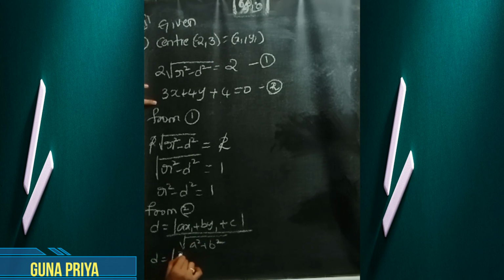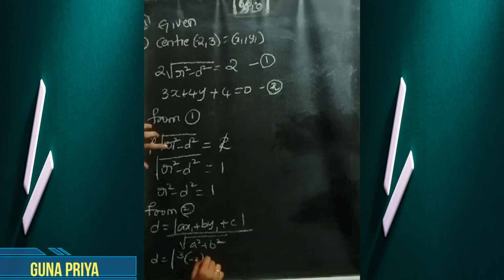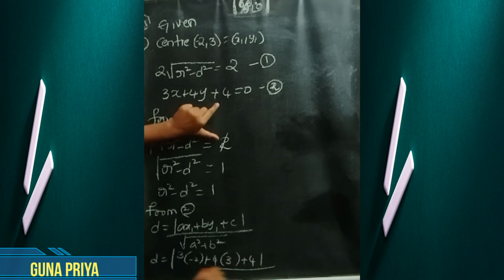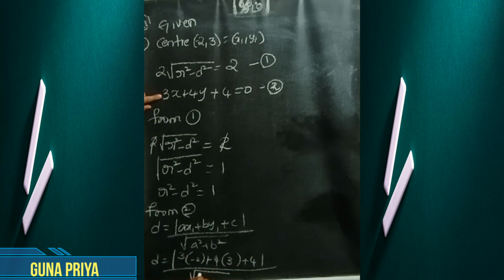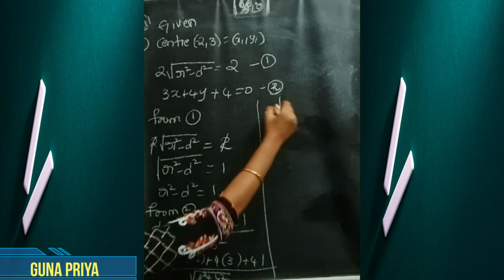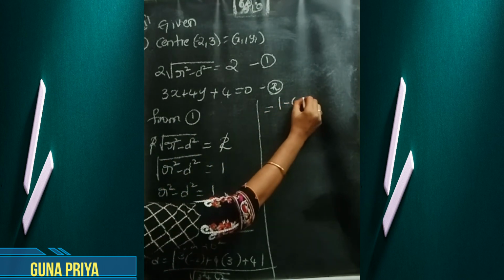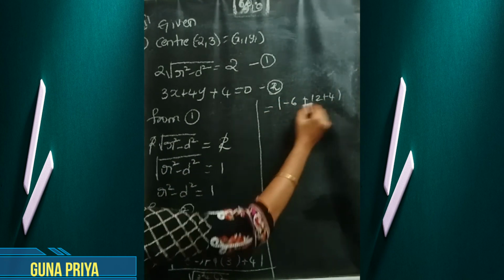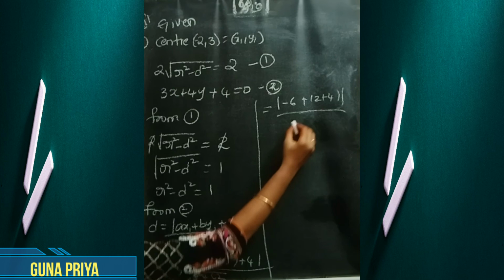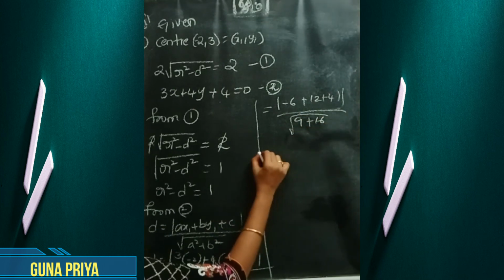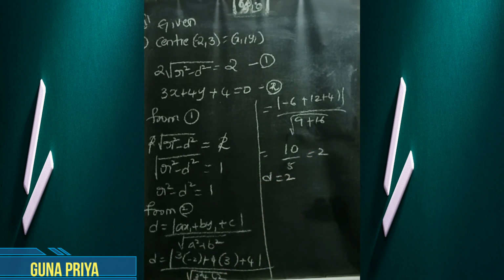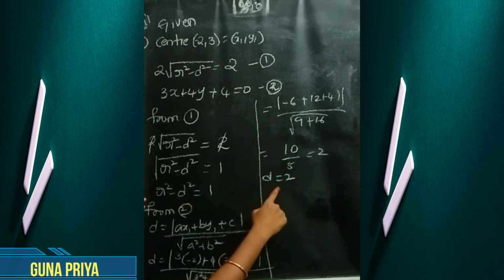That means 3 into minus 2 plus 4 into 3 plus 4 by root of 3 square plus 4 square, which equals minus 6 plus 12 plus 4 by root of 9 plus 16, so 10 by 5. D equals 2.